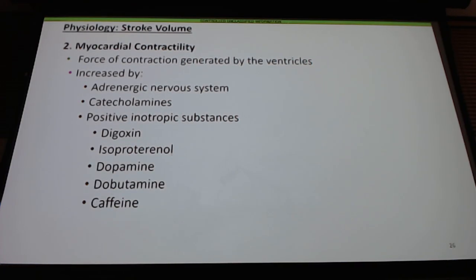The second component of stroke volume was myocardial contractility, so how strong is that contraction? In addition to the autonomic nervous system impacting this, there are medications that we can give that will impact the contractility. There are things that will positively impact it, so make the squeeze stronger.